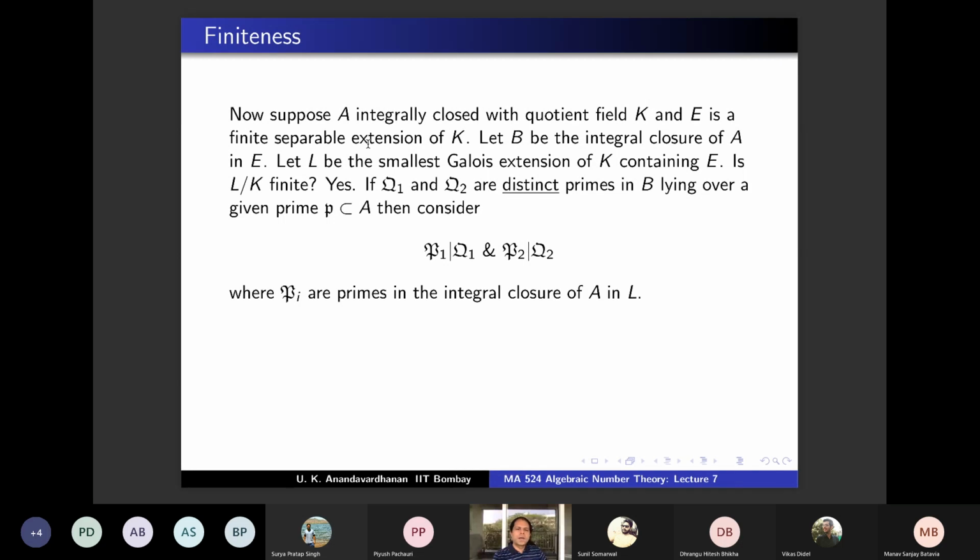These are primes in the integral closure of A in L. So you can go further up, and in the integral closure of A in L, you get P1 and P2. And so P1 and P2 lie over small p, no? Because Q1 and Q2 are over P. So P1 is over Q1, P2 is over Q2. In particular, P1 and P2 are over P.